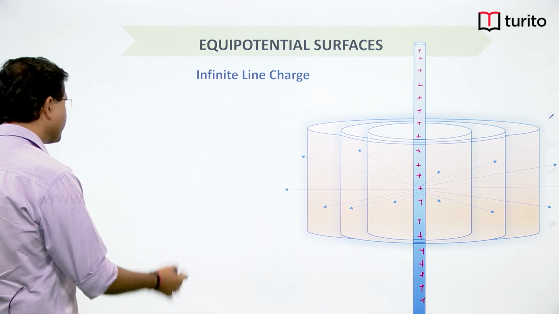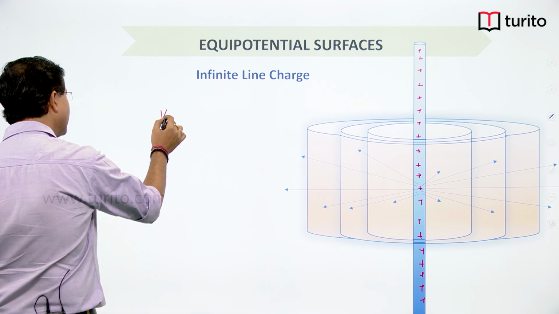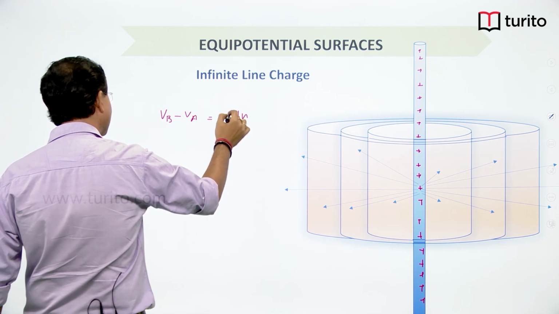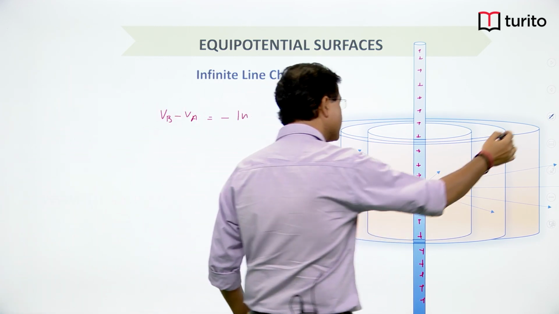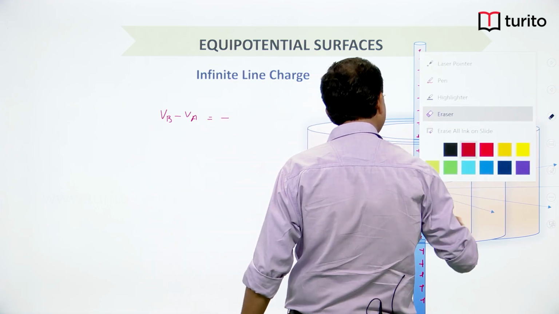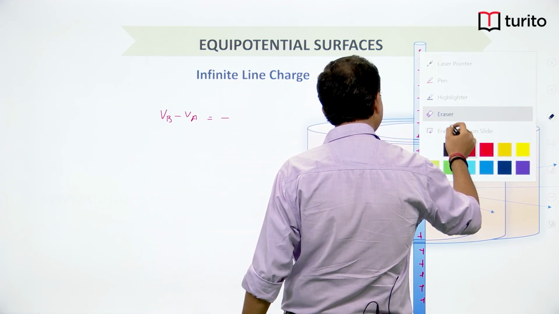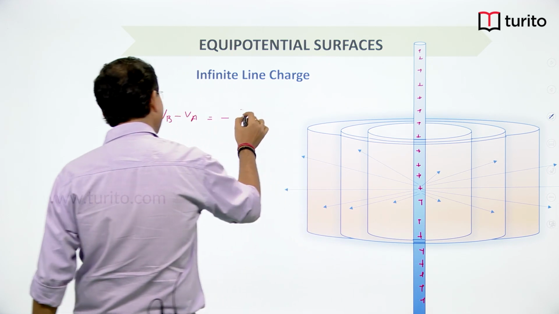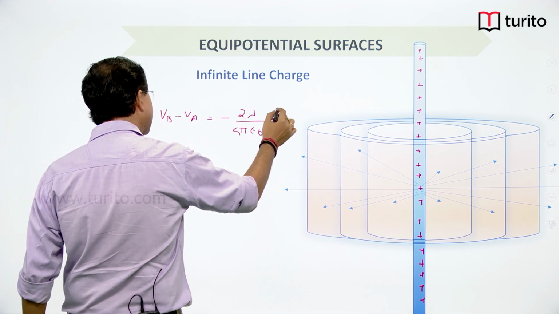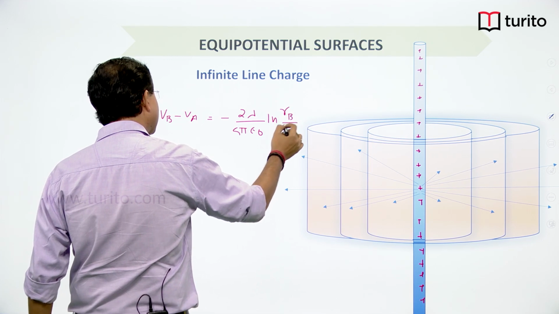So, for example, if I write Vb minus Va, then we got minus 2 lambda upon 4 pi epsilon naught Ln Rb by Ra.